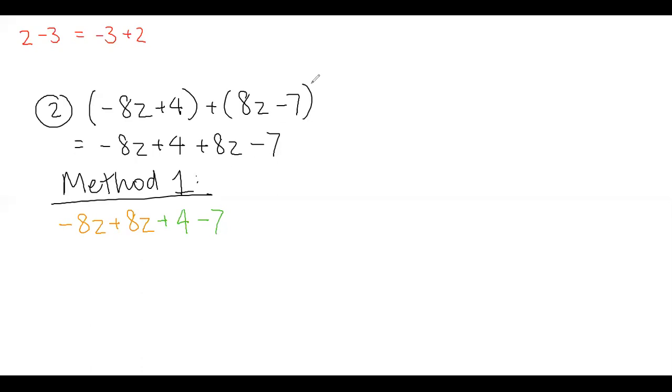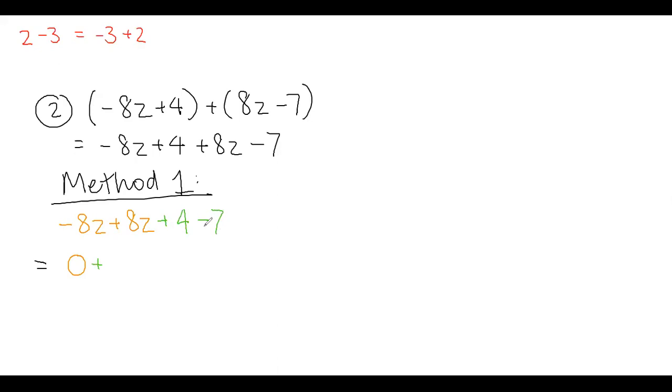Okay, so going back to our problem, we have here negative 8z and 8z. It's just like 1 and negative 1, 2 and negative 2, 3 and negative 3. Those are opposites. So when you add opposites together, you get 0. Then we have 4 minus 7.